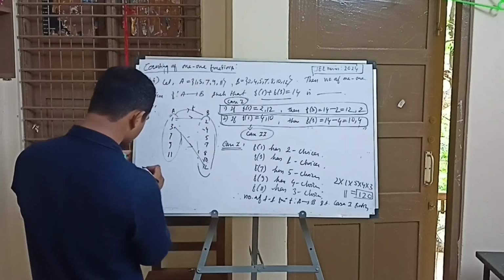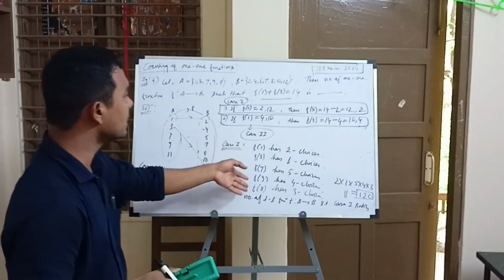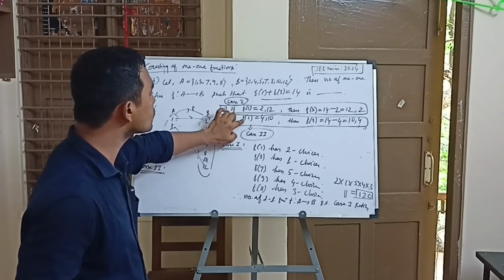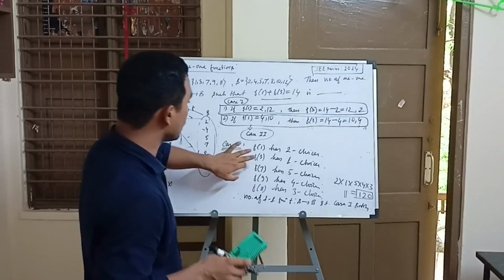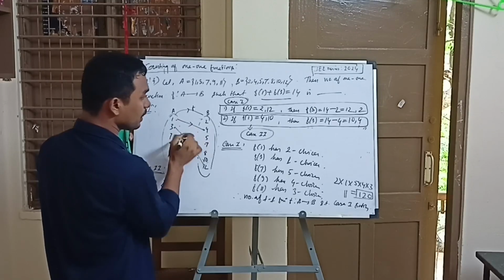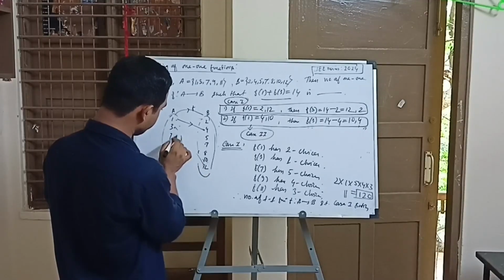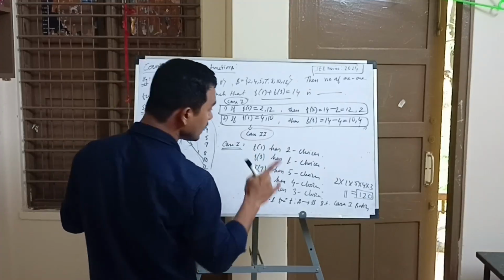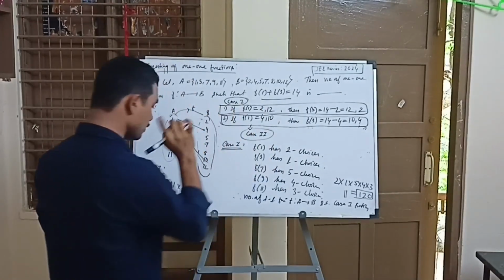Okay. Now let's come to case 2. Similarly, we can find case 2 also. Here, f of 1 has two choices, the same as before. If f of 1 is mapped with 4, then f of 3 must map with 10. Correct? So f of 3 has only one choice.